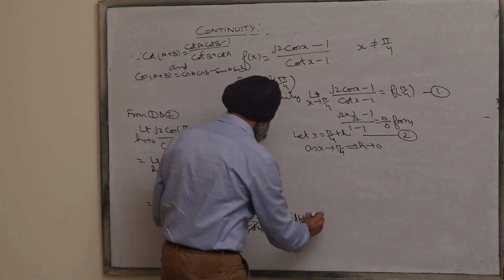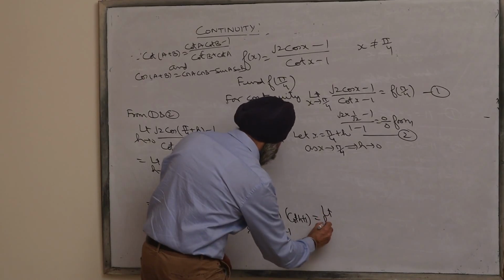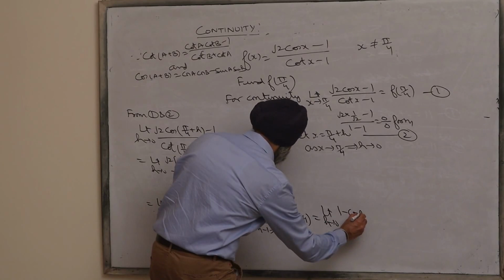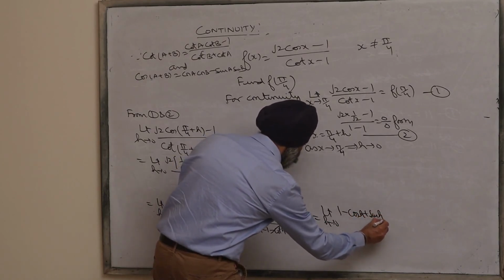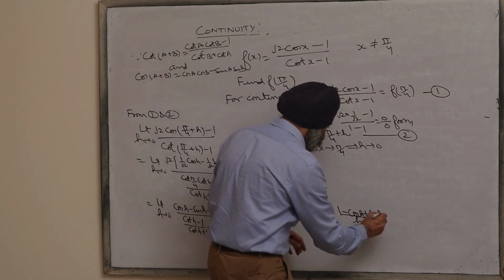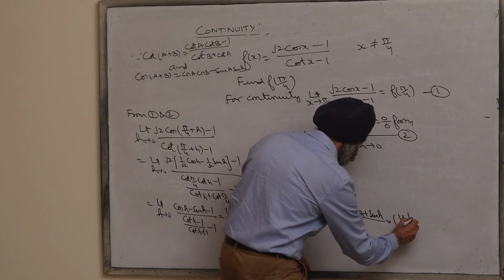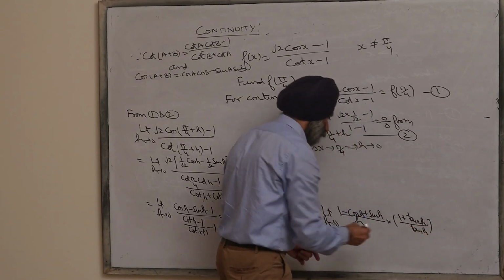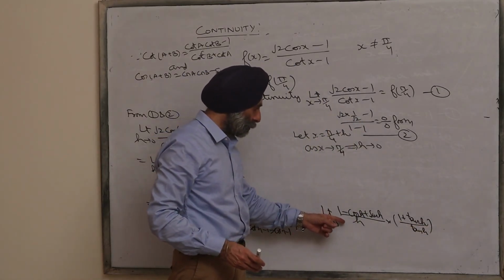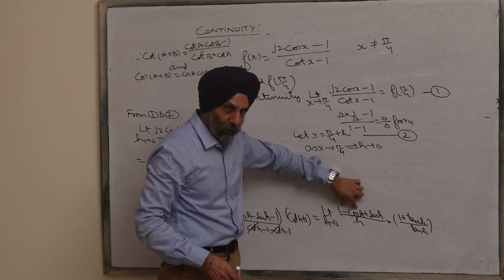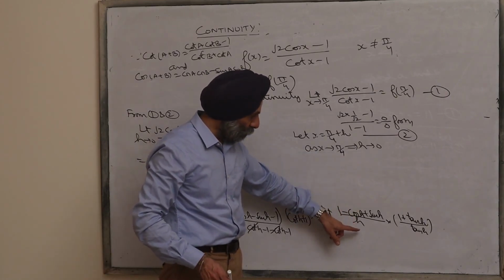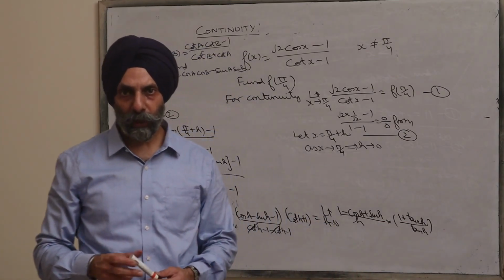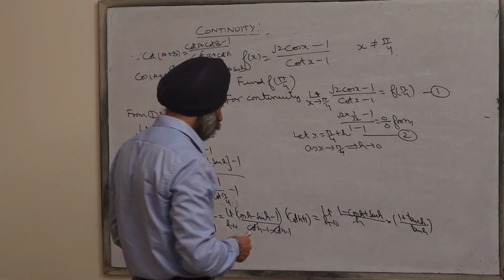Now this can be written as limit h approaches 0, (1 minus cos h plus sin h) upon h into (1 plus tan h) upon h. As h approaches 0, this is 1 minus 1 is 0, 0 upon 0, so again it is 0 upon 0 form, which is still an undefined form.